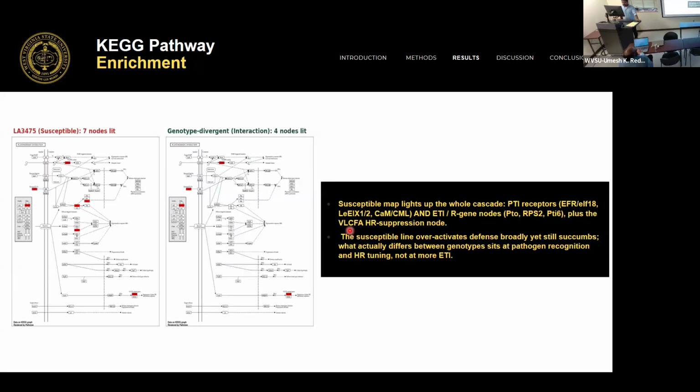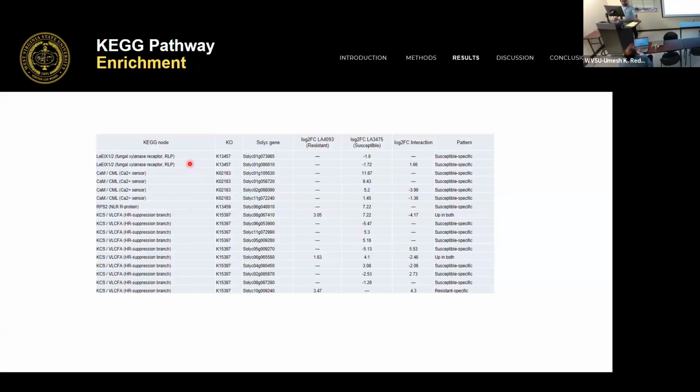So I already told you that these nodes are not single genes. There can be families of genes. Multiple genes can be there. So this table here shows the different receptors on the dark red node, and various genes associated with these receptors, which can be gene families.